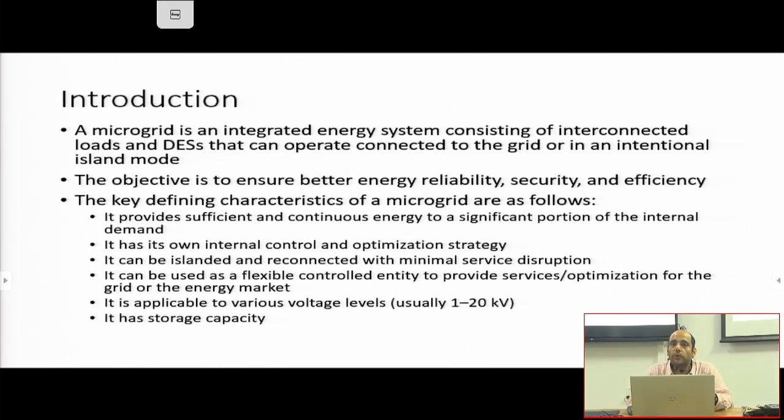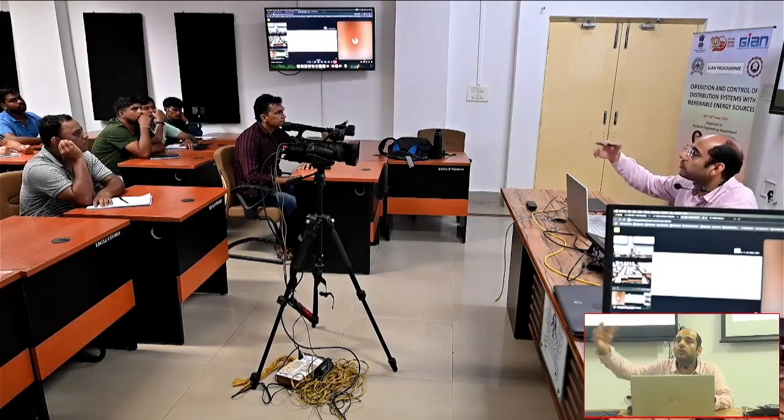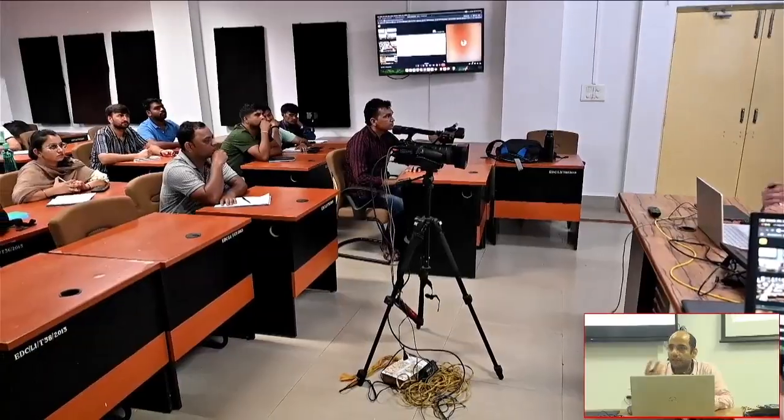So you improve the reliability of the system and you meet the loads for a longer duration. And it's more efficient because you have local generation and local consumption, so transmission or distribution losses are reduced because you don't have to send power through long feeders. It's an efficient way of giving energy supply to the loads.